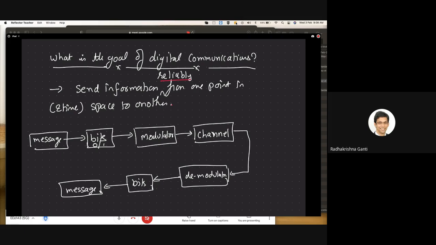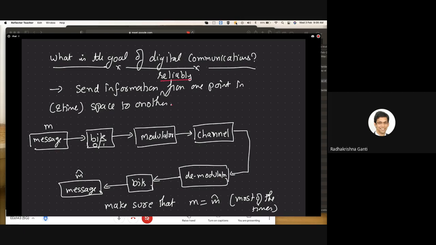If I call the message that you're transmitting M and the message you're receiving M hat, the goal of digital communication is to make sure that M is equal to M hat, most of the time, as reliably as possible.